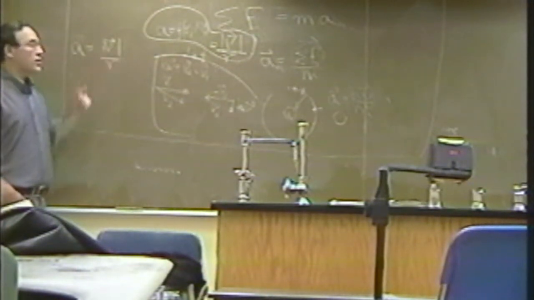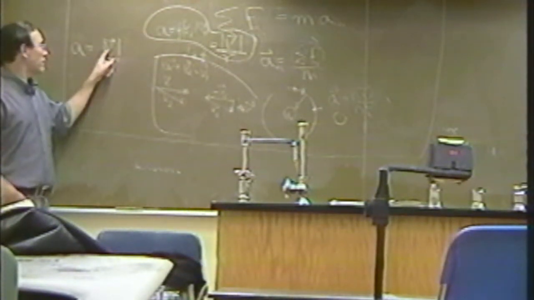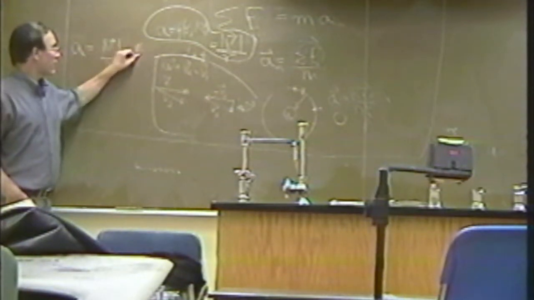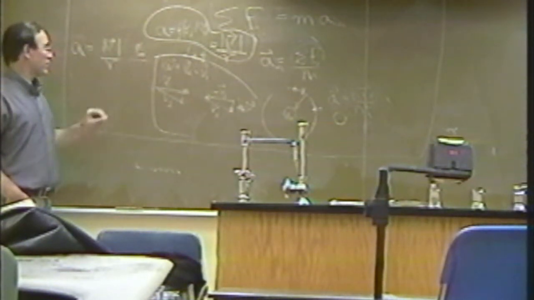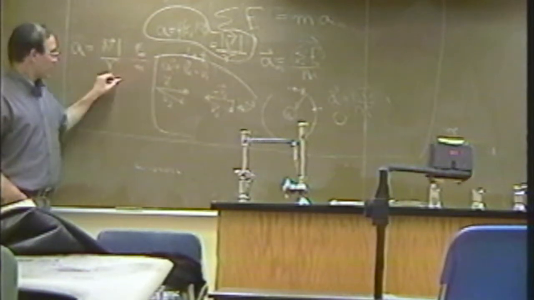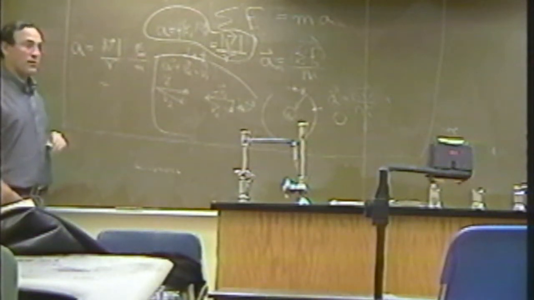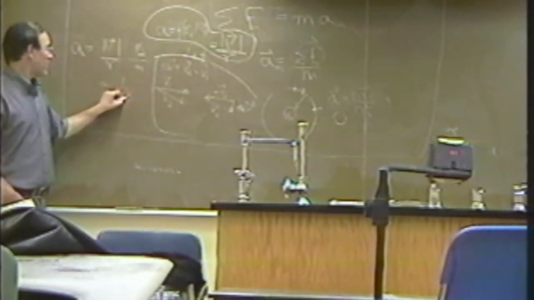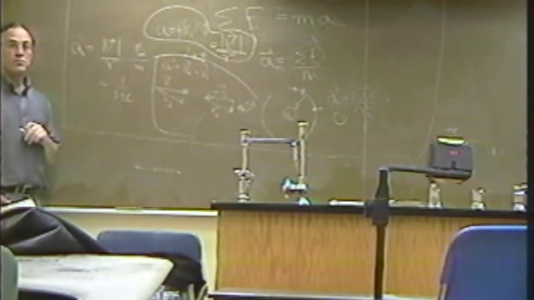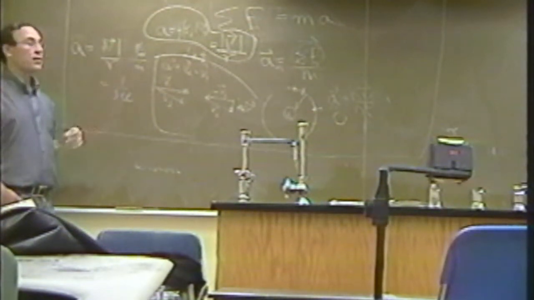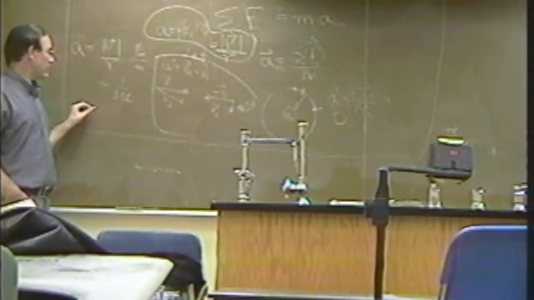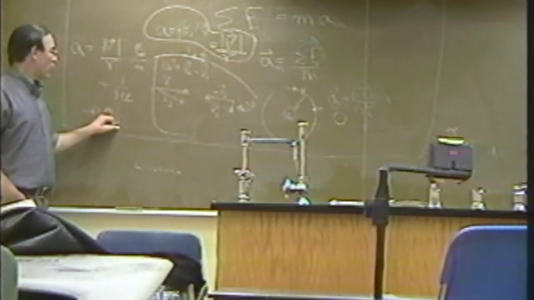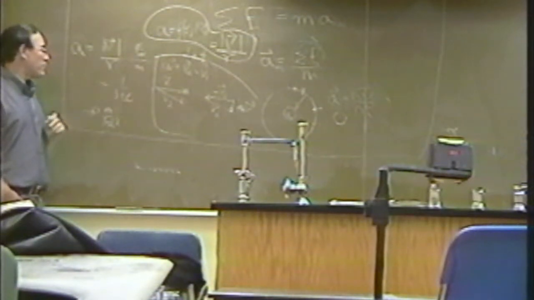What are the units here? Meters per second. What are these units? Meters. So what units does this come out to be? One over second. Is that okay? No, so it can't be this. What units should it be? Meters per second squared.